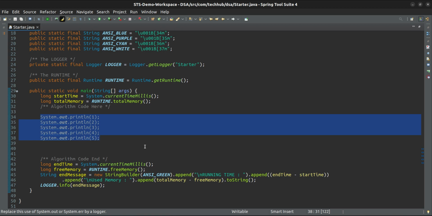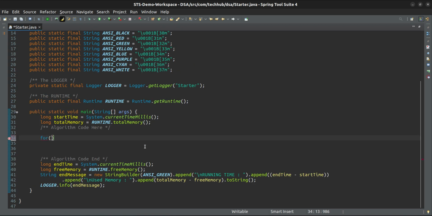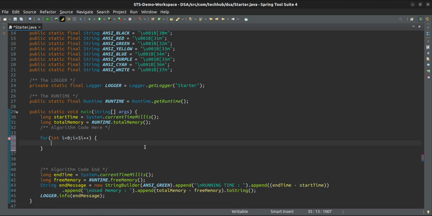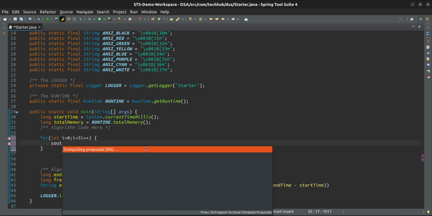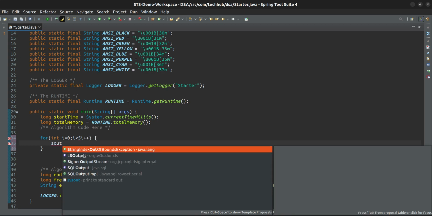But the same thing you can do in this way: I less than or equal to 5, or you can give 5 and less than only. Start from 0, it is up to your choice. And I plus plus, and just print I here.